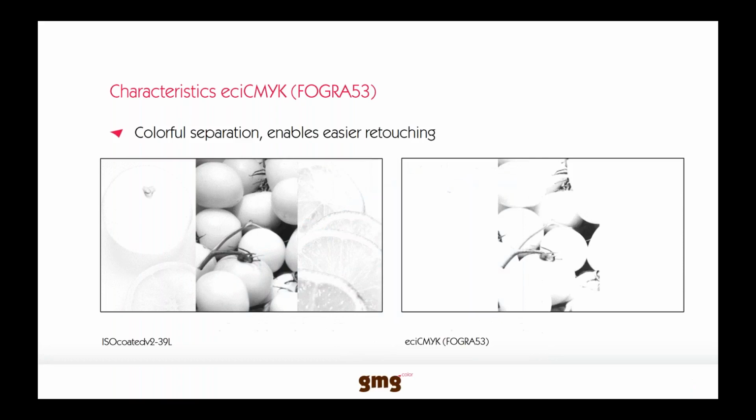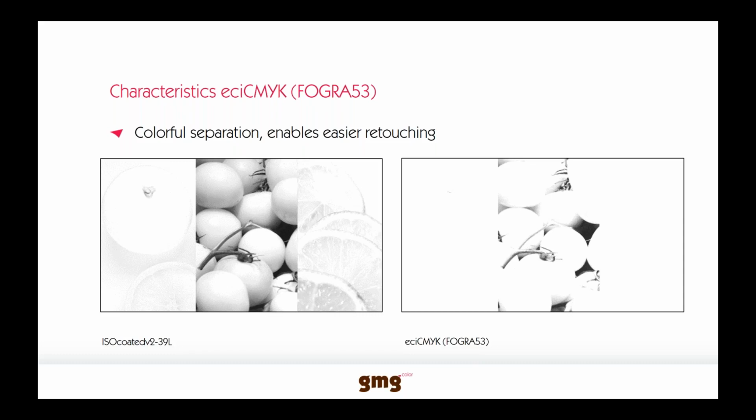Let's first have a closer look at the separation. So, what is different? For FOGRA53, we have a very colorful separation, so a very strong CMY and a very weak black, as you can see here on the screenshot. This has been done to enable easy retouching.